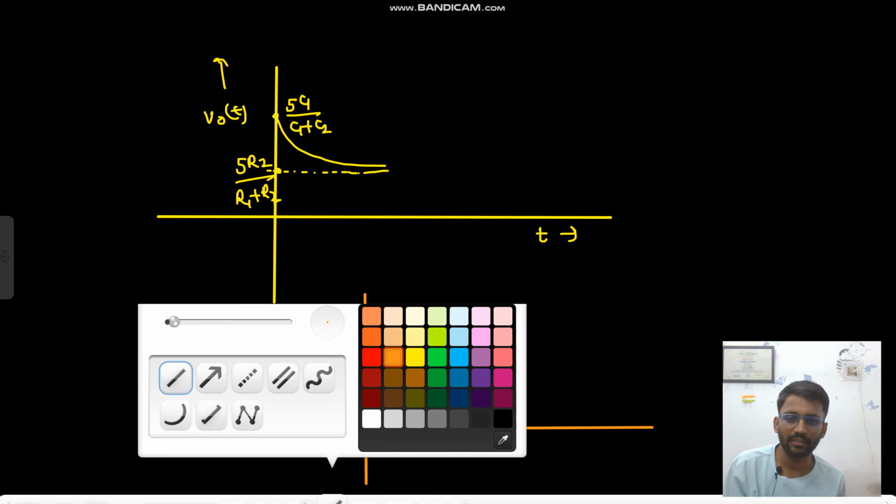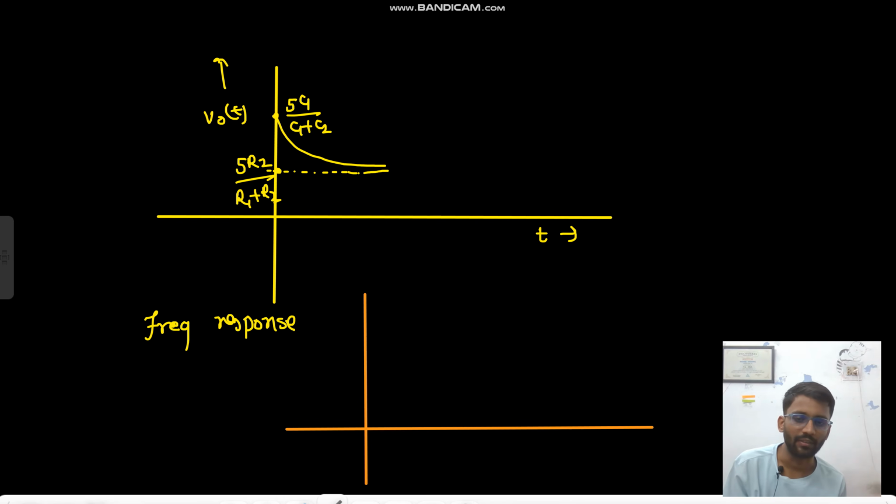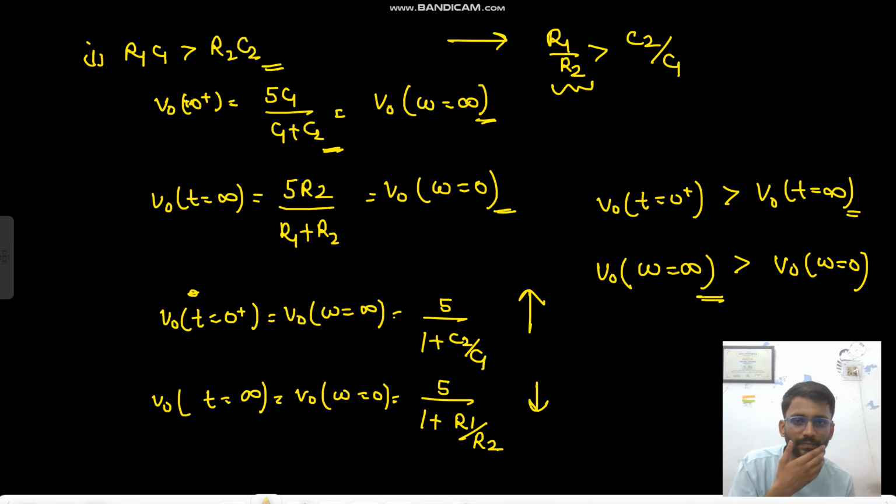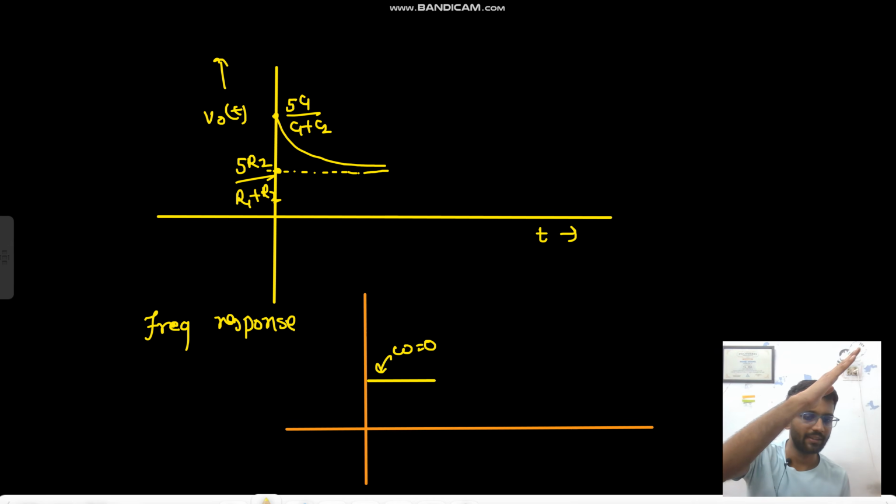First you are having this DC gain, some DC gain. This is at omega equals 0. Now at omega equals infinity you are having more gain, so your graph should go up.